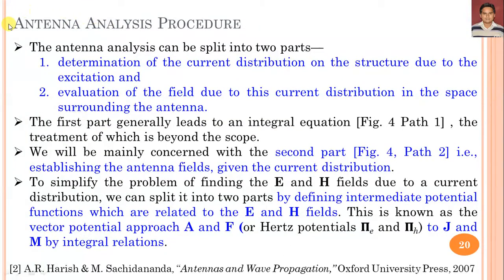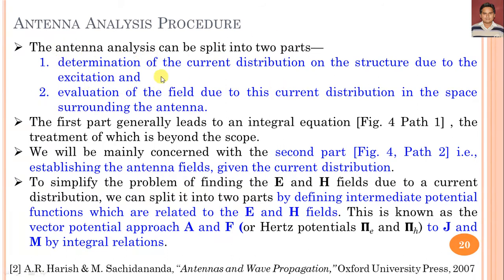Further, what is the use of electromagnetic theory in antenna engineering? How can we use these Maxwell equations for the analysis of antennas, through which we can calculate the electric and magnetic field equations? We can consider the antenna analysis in two parts.